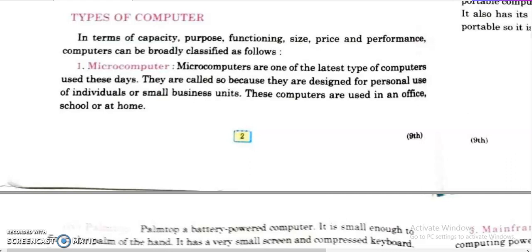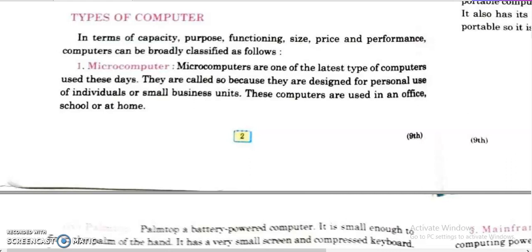Microcomputers are one of the latest types of computer used these days. They are called so because they are designed for personal use, for individuals or small business units. These computers are used in an office, school, or at home. The computers that we use in our homes, schools, small offices, and shops are all examples of microcomputers.